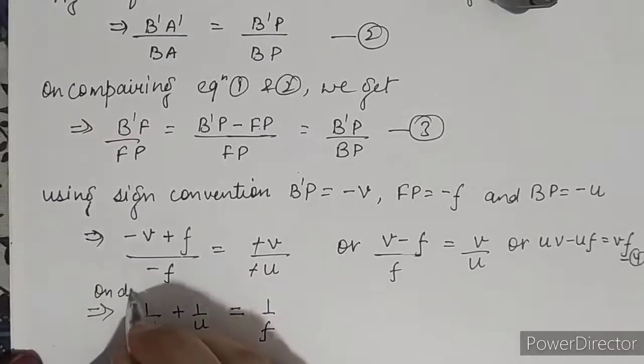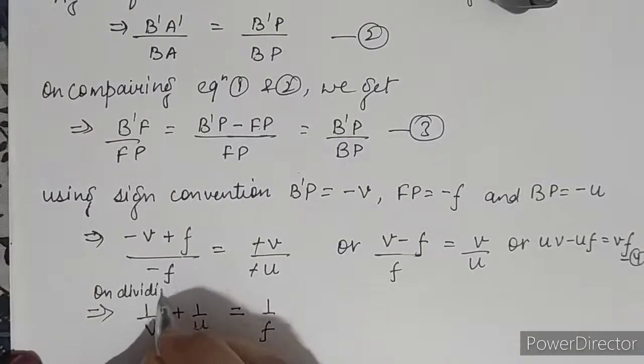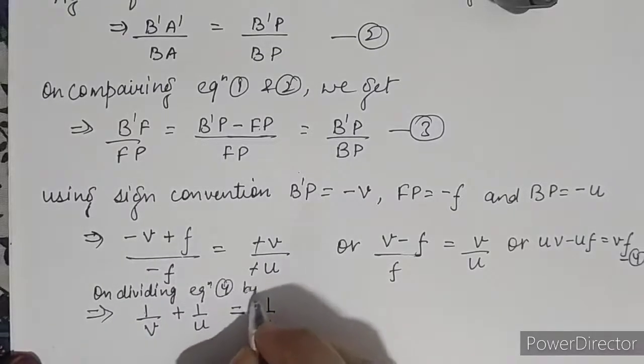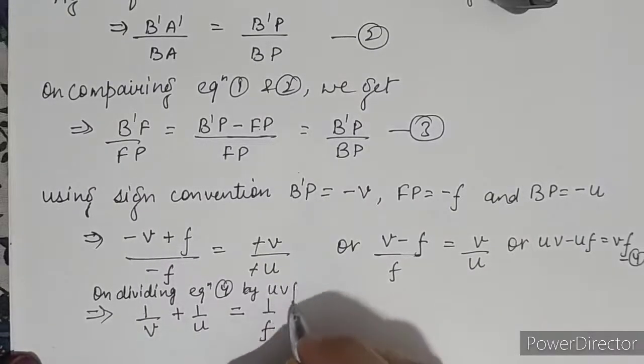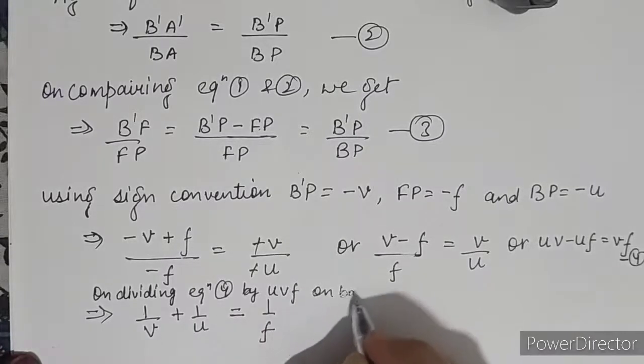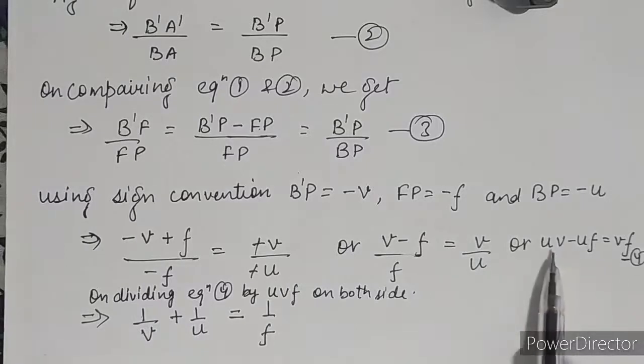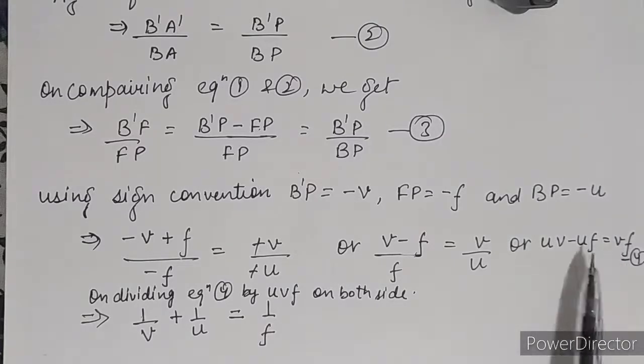On dividing equation 4 by UVF on both sides. Okay, so I am just dividing by UVF. So we have 1 upon F minus 1 upon V is equal to 1 upon U. This minus 1 upon V has been put on this side, so it will become 1 upon V plus 1 upon U equals 1 upon F.